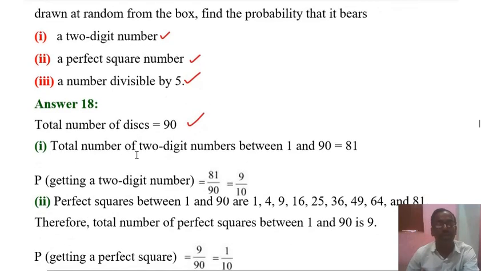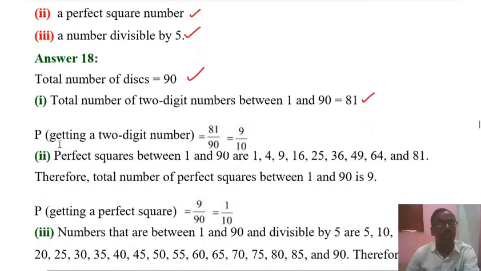The total number of 2-digit numbers between 1 and 90 is 81. So the probability of getting a 2-digit number is 81, the number of favorable outcomes, by 90, the number of possible outcomes. After cancelling the common factor we get 9 by 10.